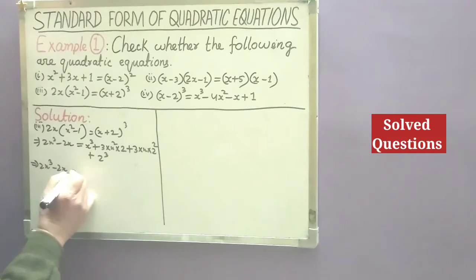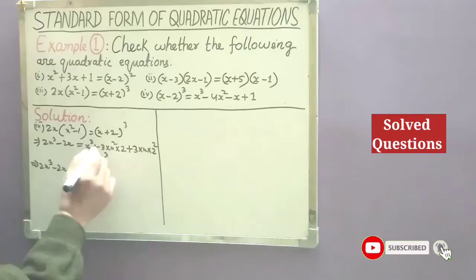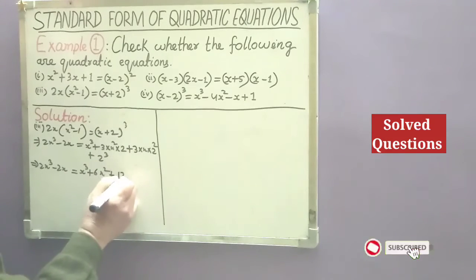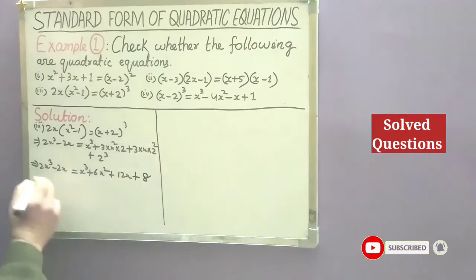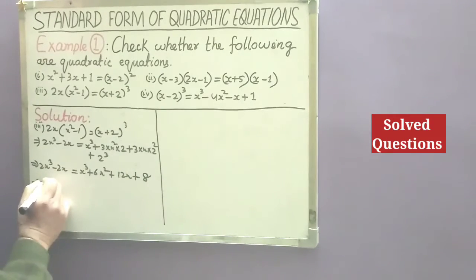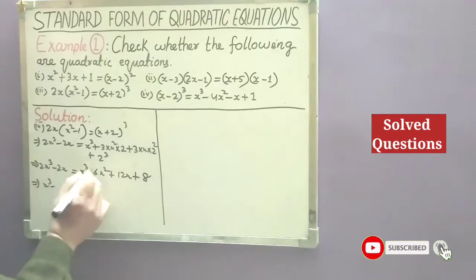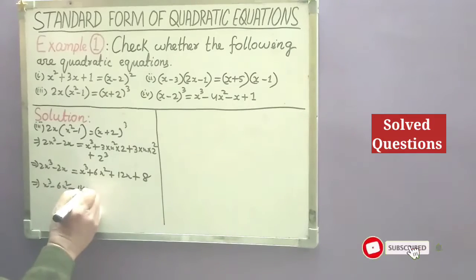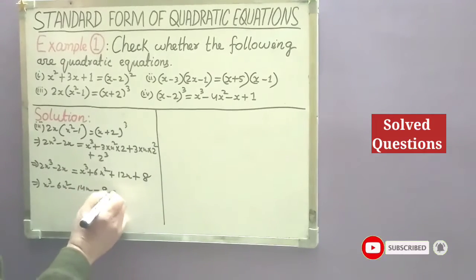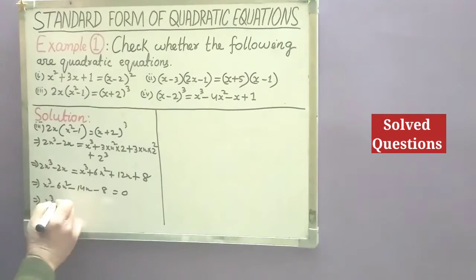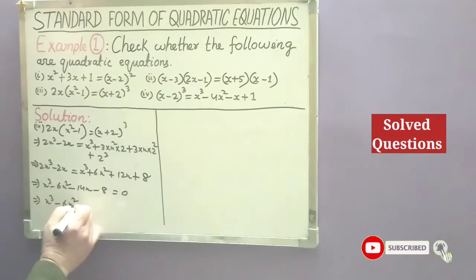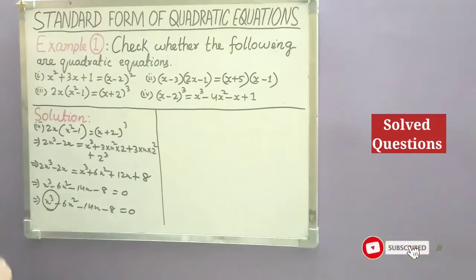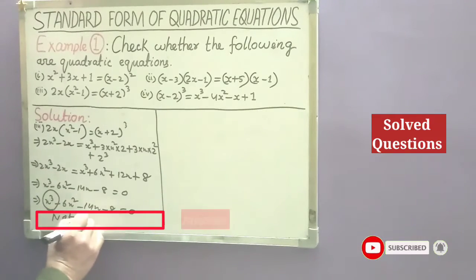So that implies that 2x³ − 2x = x³ + 6x² + 12x + 8. On further simplification, we get x³ − 6x² − 14x − 8 = 0. Look here, the power of x³ is 3. Since the degree is not 2, this equation is not a quadratic equation.